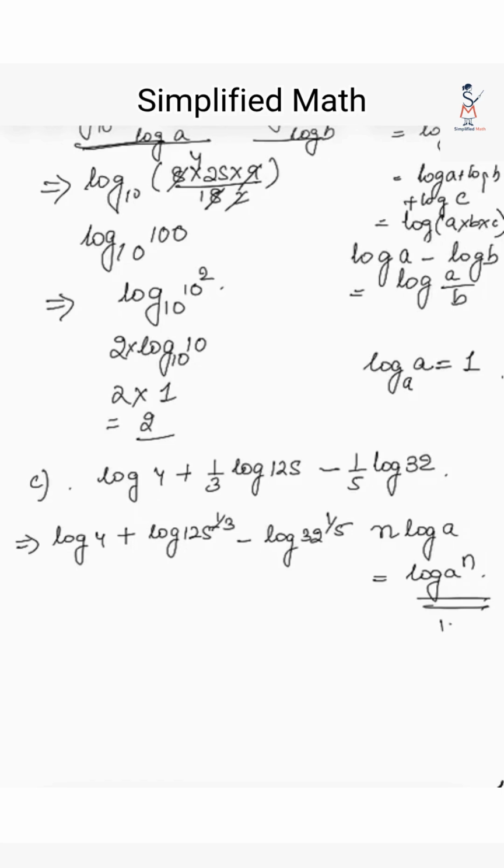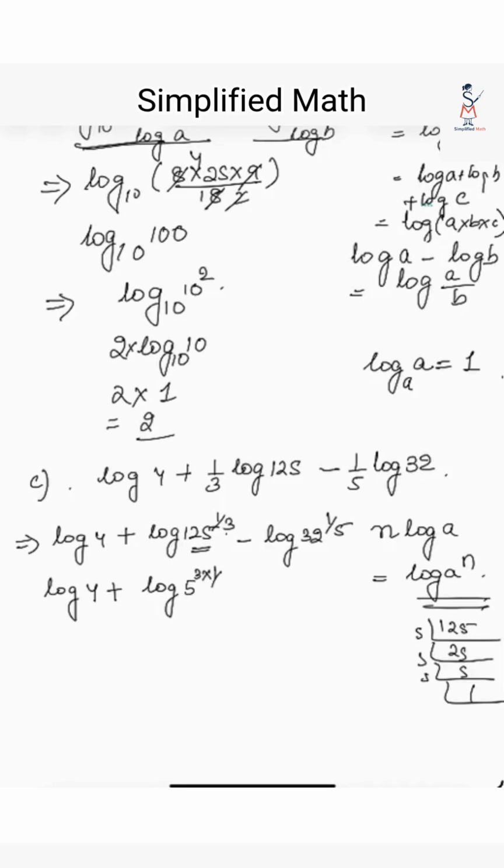We will factorize 125. It will become 5 raised to the power 3. So this will become log 5 raised to the power 3, raised to 1 by 3. In place of 125 we can write 5 raised to the power 3.